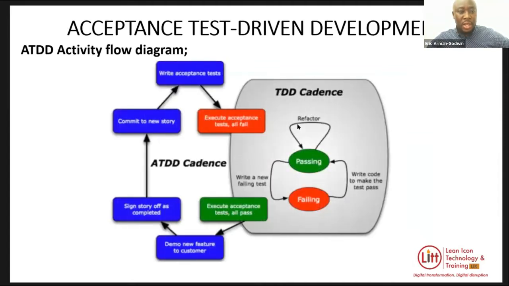I think we used a diagram last week, so I thought, why not get a diagram that will help us, an activity flow diagram that will help us put it into perspective. You will notice here at the top that we have acceptance tests. Once we've got the acceptance criteria, acceptance tests are written, which then go through the TDD cadence.